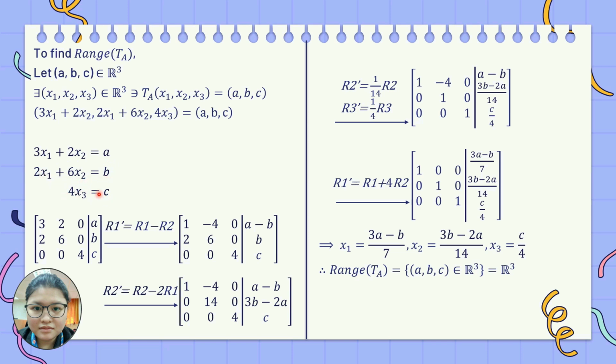In the next step, we form an augmented matrix again and perform ERO until it is in REF form. And you can see here, x1 equals (3a minus b) over 7, x2 equals (3b minus 2a) over 14, and x3 equals c over 4. Therefore, the range of TA is given by a, b, c being elements of R3.